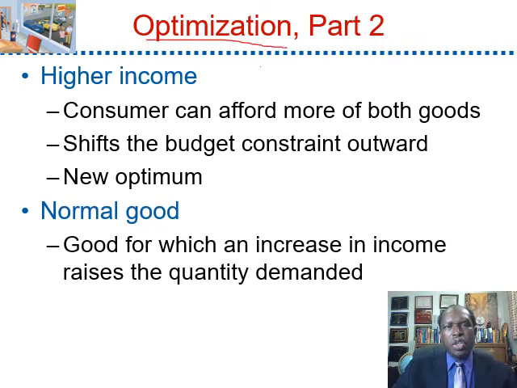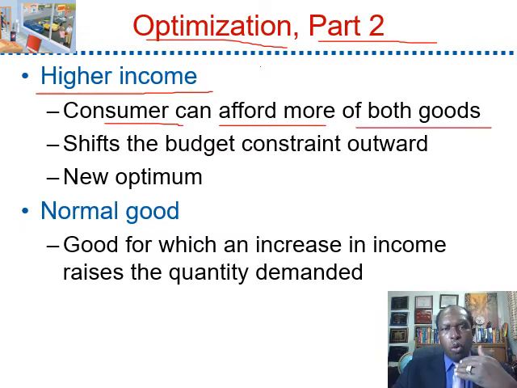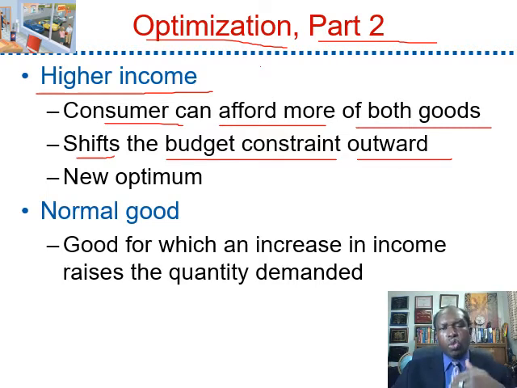So, optimization part 2. Higher income means that the consumer can afford more of both goods. With income increasing, the budget constraint shifts outward, to the right, so it will lead to a new optimum.